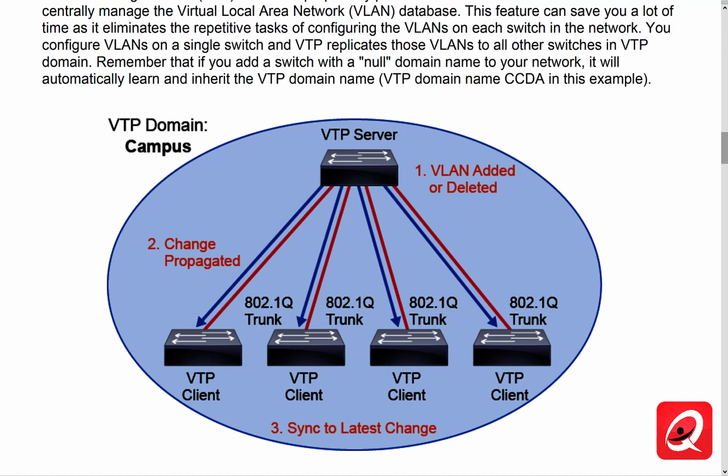as long as the VTP advertisement that I'm sending has a higher revision number than the VTP revision number on the switch, the switch will synchronize to the higher revision number, which includes deleting or removing the VLANs from the database.